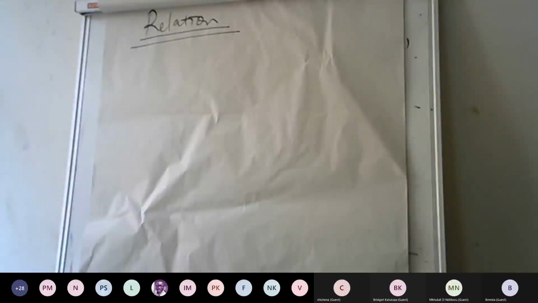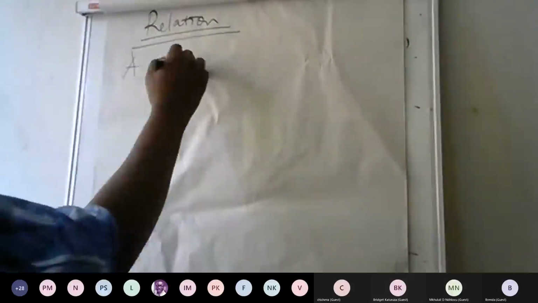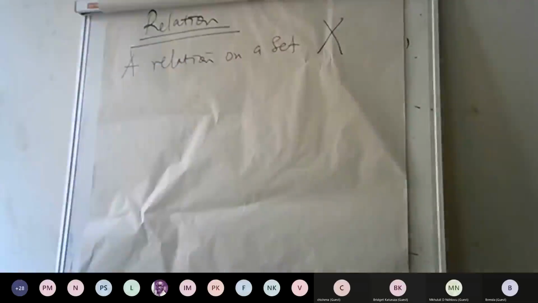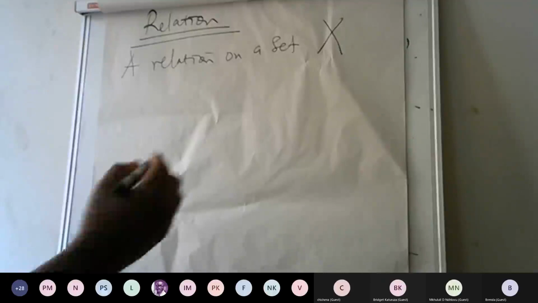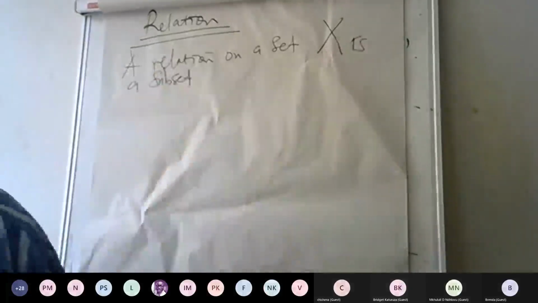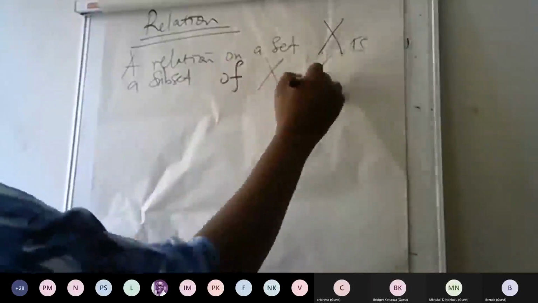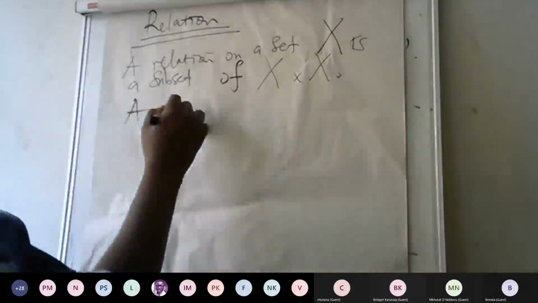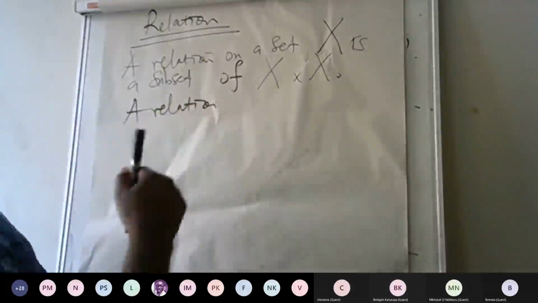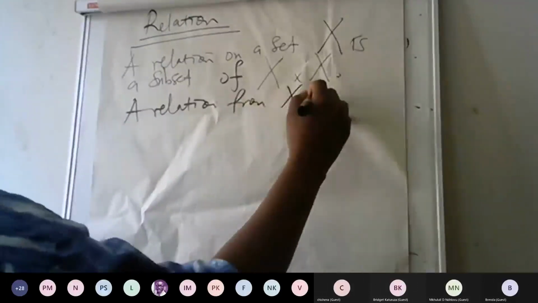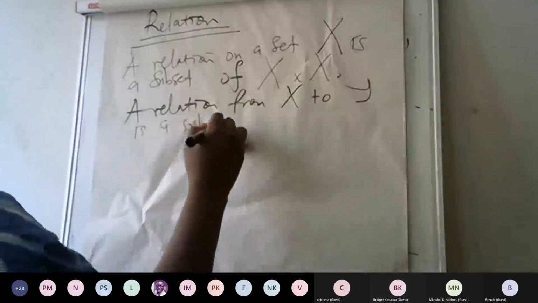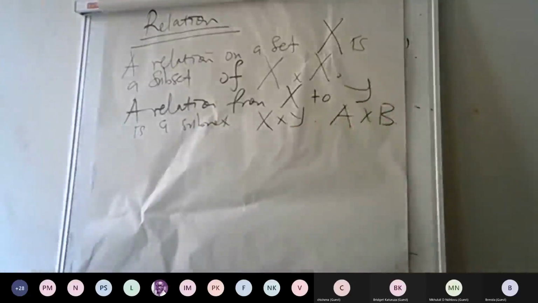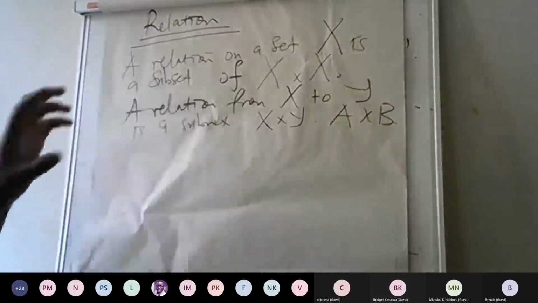So a relation on a set X, for example, is a subset of the Cartesian product X on X. Or if it is a relation from set X to Y, it is still a subset of the Cartesian product X cross Y, or if you want A cross B. Things to note is that a relation is a subset of a Cartesian product.